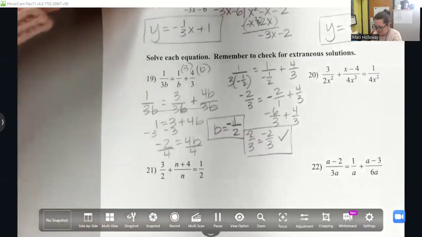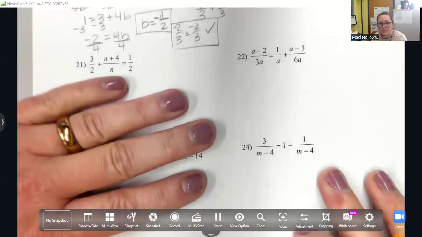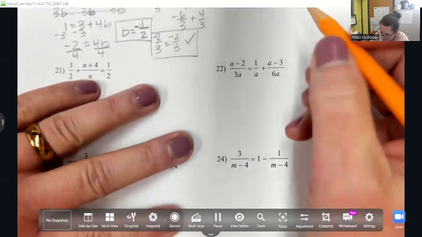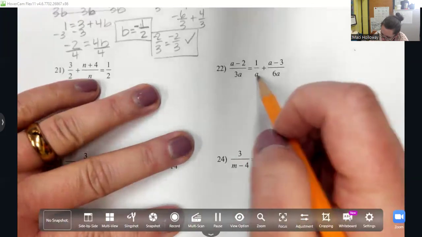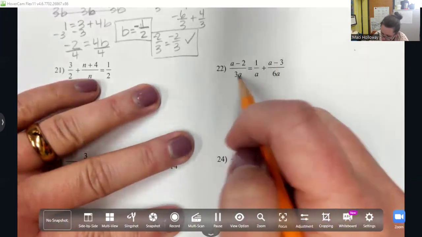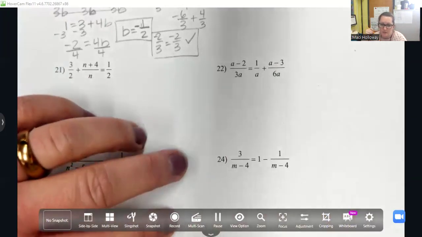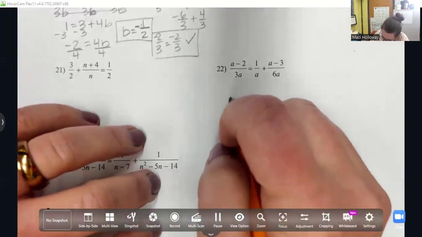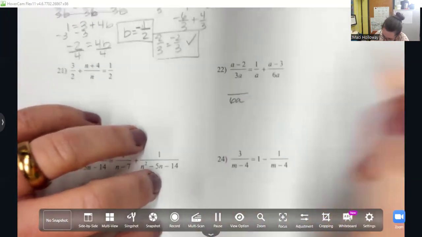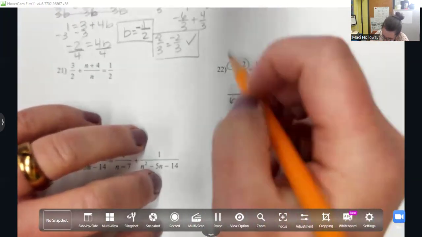All right, let's move down to number 22, just for time's sake. So we've got 3a, a, and 6a. So it's everything they have in common plus what they don't. They have an a in common, and then for the numbers, let's do a 6. So 6a is your common denominator. So we're going to multiply this one by a 2.